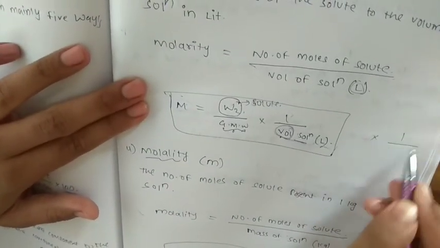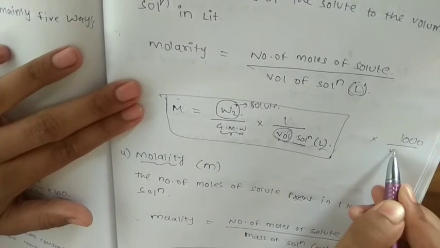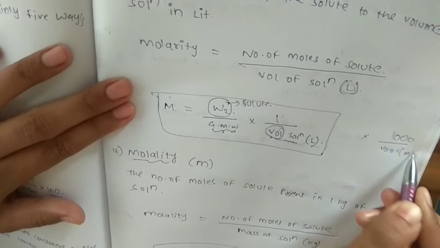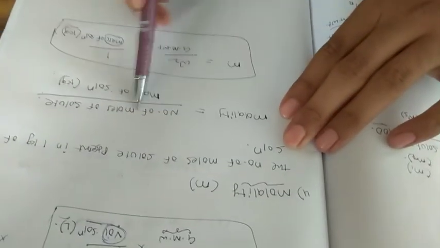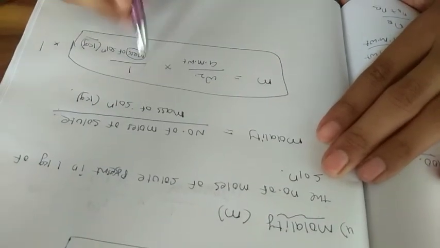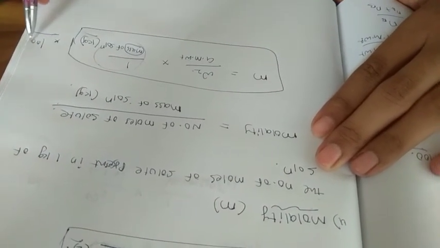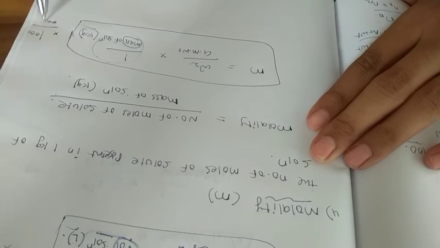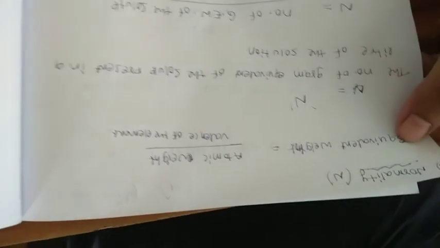It is 1 by liters, and you can also write 1000 by volume of solution in milliliters. Molality equals number of moles of solute by mass of solution, and here also you can write 1000 by mass of solution in grams. And that is about the normality.